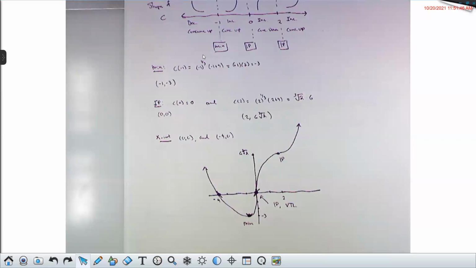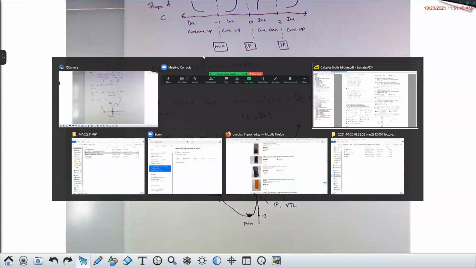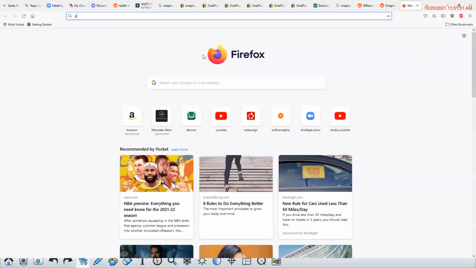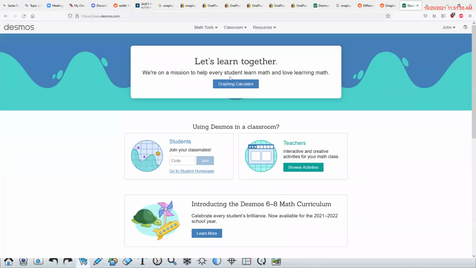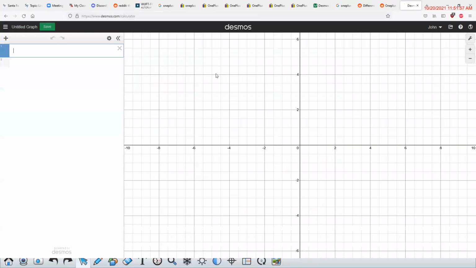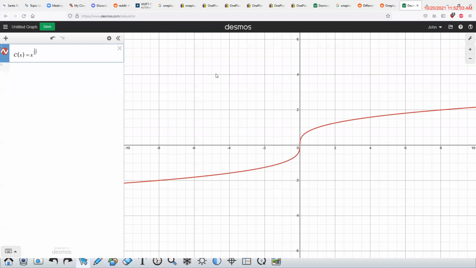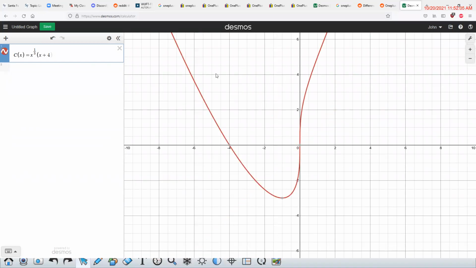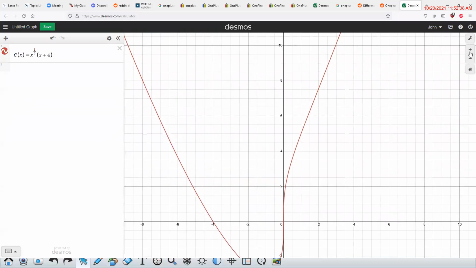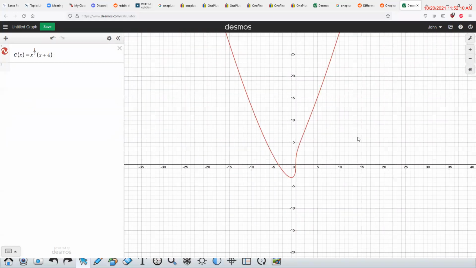I'm a little nervous, but let's take a look and see what Desmos says. So we're graphing... Wow, we did good. We did good. All right.